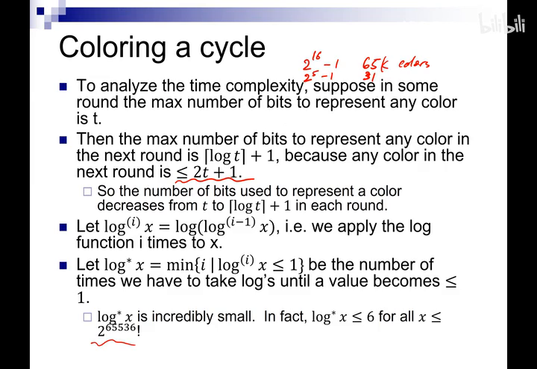This is what we said. Currently in this round, we need t bits to represent a color, and then in the next round, we only need about log t plus 1 bits to represent a color. So the number of bits we're using to represent these colors is decreasing by taking these logs.